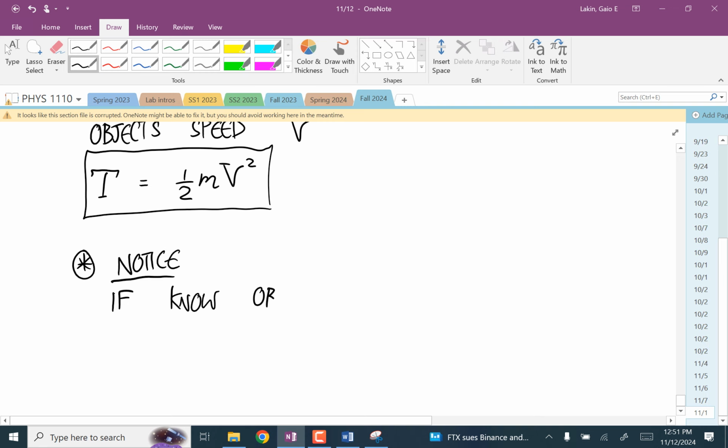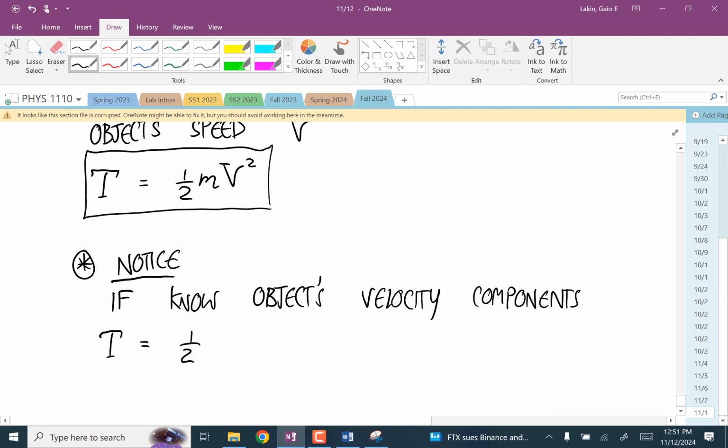So if you know the object's velocity components, the kinetic energy is equal to 1/2 times the mass times the quantity x component squared plus y component squared. So that's an easy calculation, whether you have the speed or the velocity components.